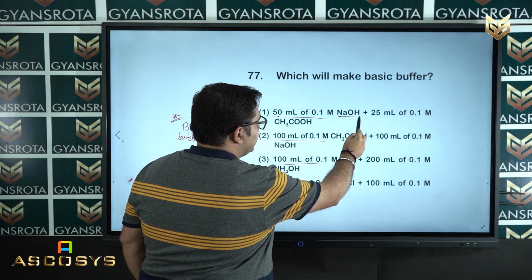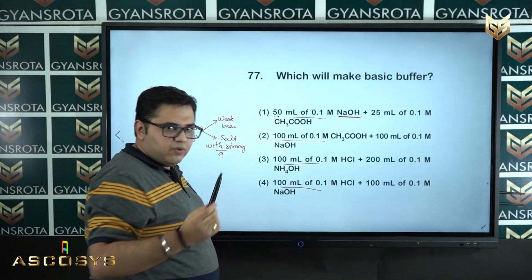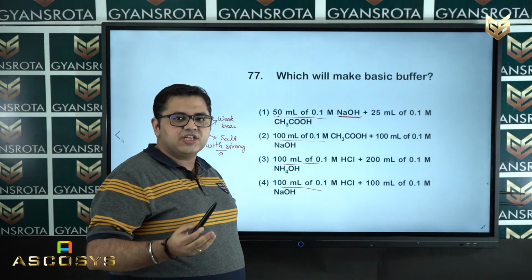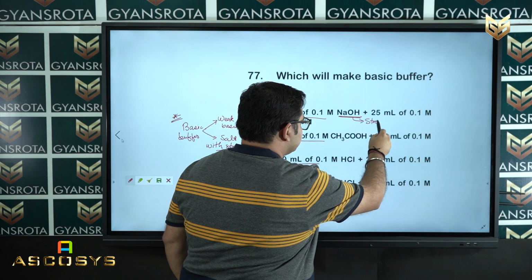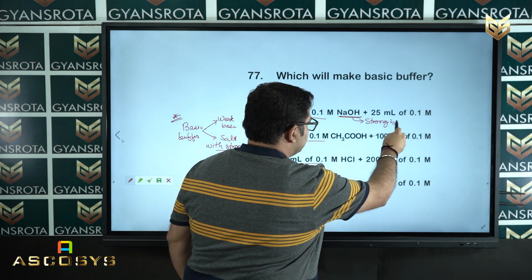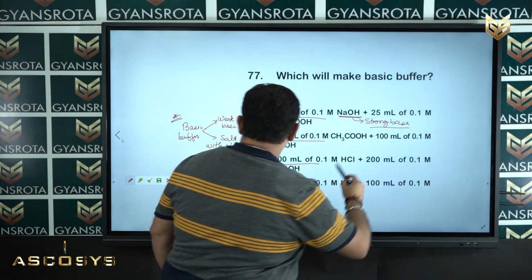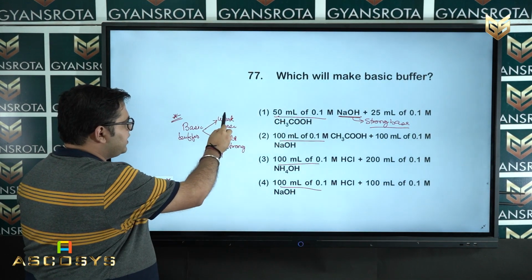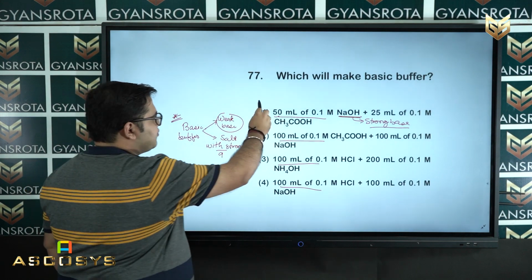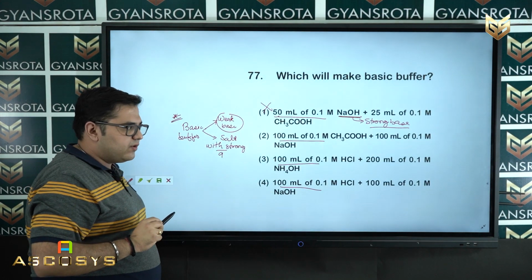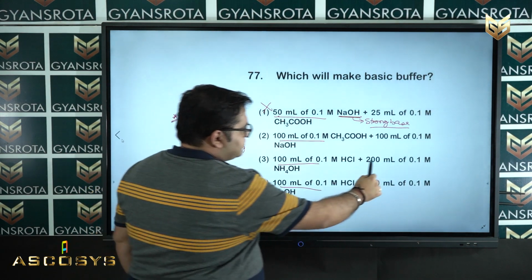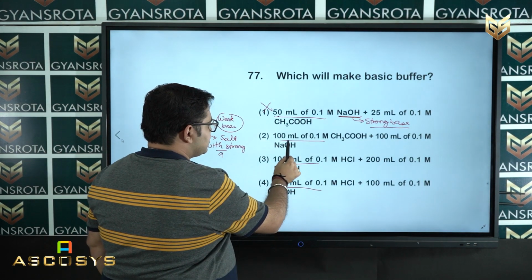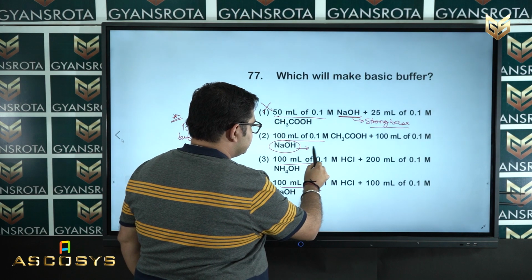So, here if you see NaOH, and we know NaOH is a strong base. And I already mentioned, for a basic buffer what do we require? We require a weak base. So, option 1 we can neglect. Now, if you see option number 2, here also a strong base is given.